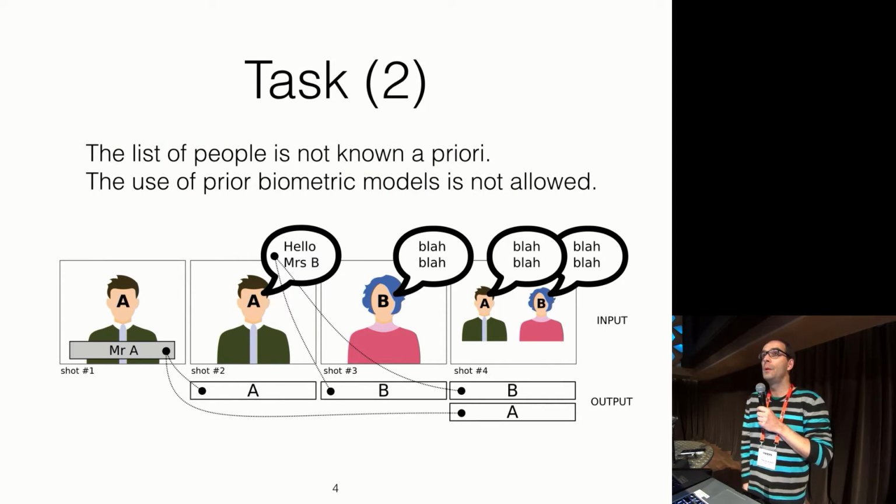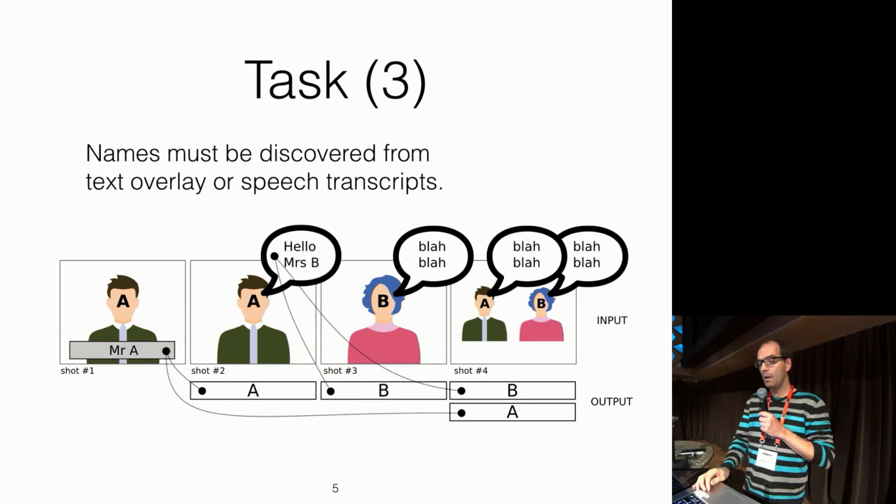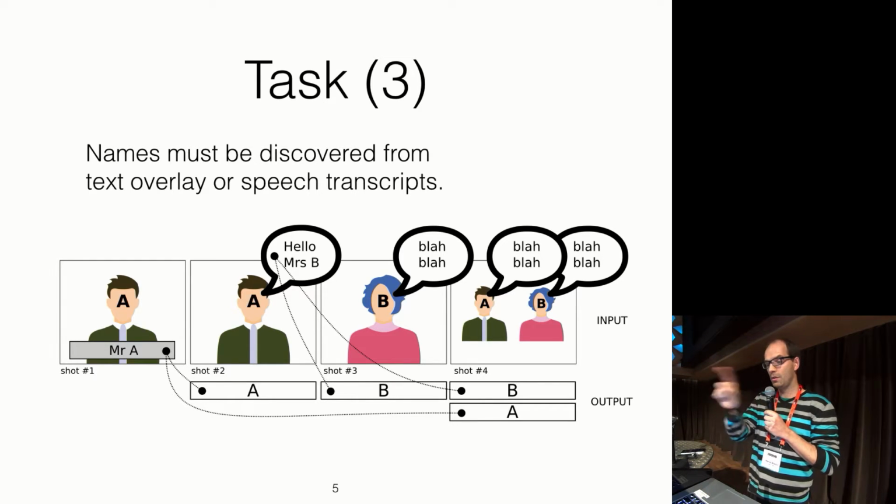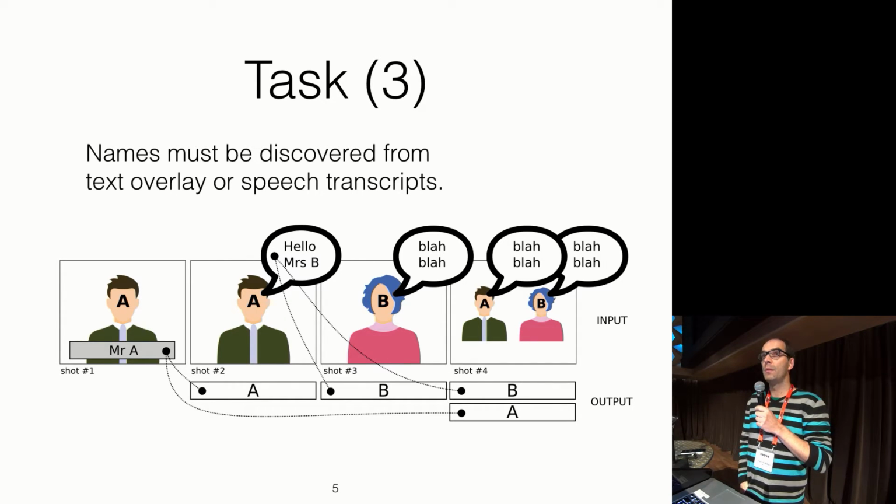The list of people you are supposed to look for is not known a priori, and therefore you cannot use prior biometric models to recognize them. The only way to recognize them is by finding their names either in the text overlay, like in shot 1, where the name of this person is written on screen just below his face, or in the speech transcripts themselves.